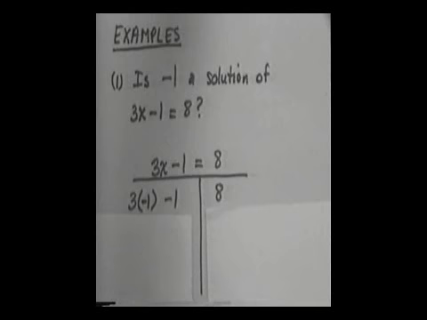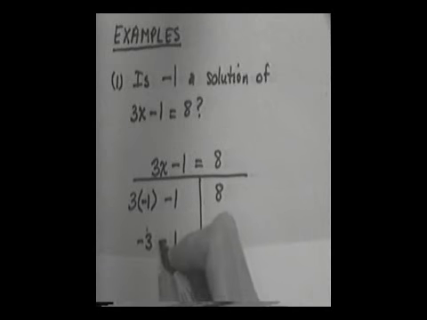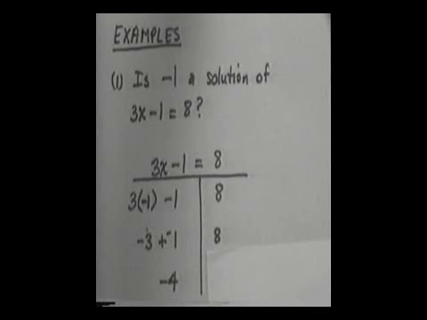Now we'll work it out. 3 times -1 is -3. -3 subtract 1 is on the left. On the right, it's still just 8. Then -3 subtract 1 is -3 add -1, which gives us -4 on the left, 8 on the right.